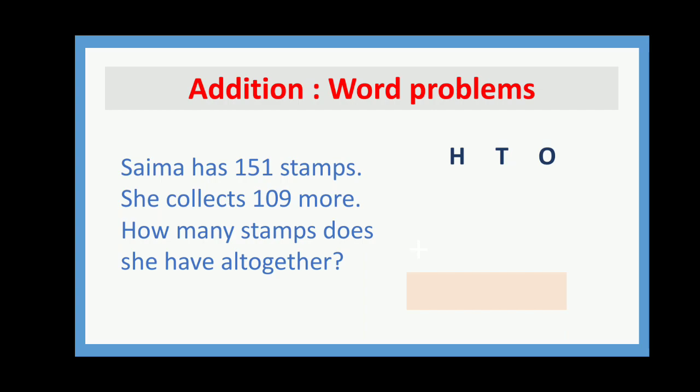First add the ones column. 1 plus 9 is equal to 10. Write 0 in ones and carry the 1 to the tens column. Now add the tens column. 1 plus 5 plus 0 is equal to 6, and 1 plus 1 in the hundreds column is equal to 2. So it means 151 plus 109 makes the number 260.